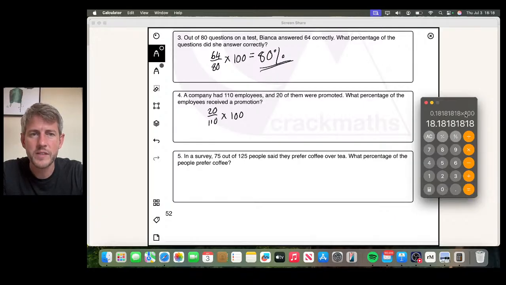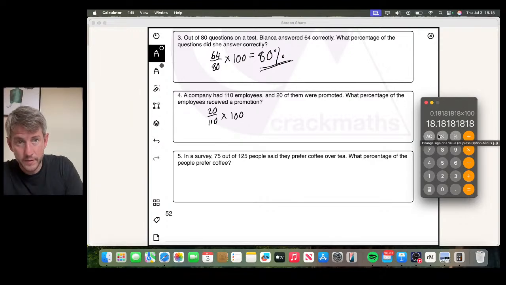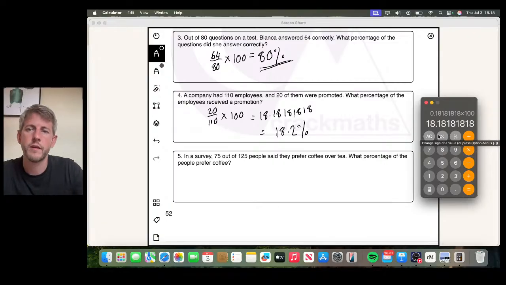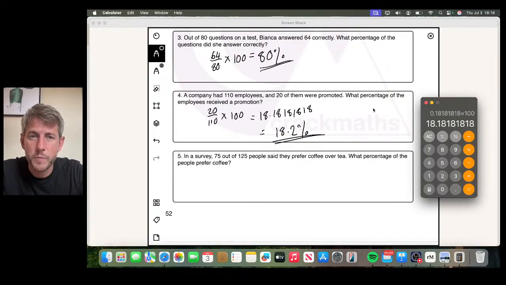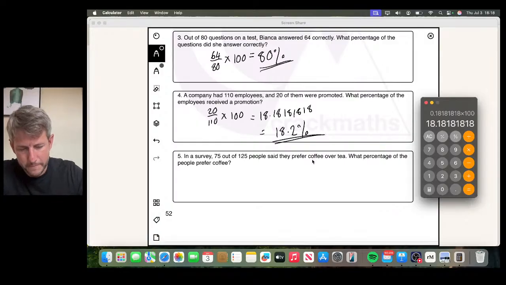And it said in the question for 1 decimal place where required. So this equals 18.18. I'll write this first just in case I don't round it correctly, but I am going to round it correctly. So this is going to be 18.2% to 1 decimal place. So that was 18.2% of the employees got a promotion.